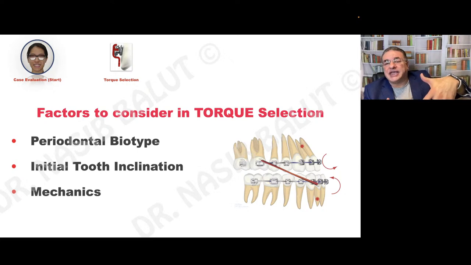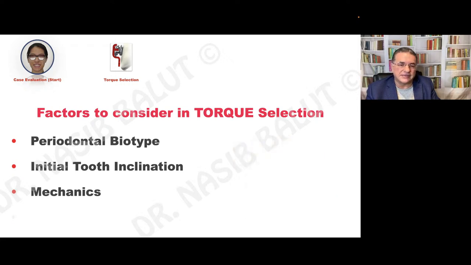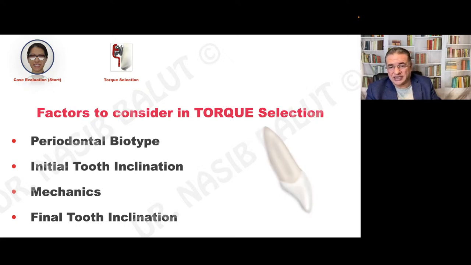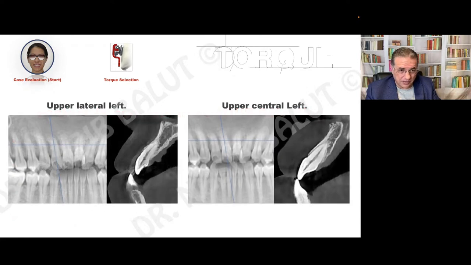I told you class 3 mechanics always will have the tendency to procline the upper anteriors and to retrocline the lower anteriors. So we have to think in the torque selection to avoid the collateral effects these biomechanics will have on torque. And the 4th is what is the final tooth inclination that I want to finish. Let's see why it's very important.